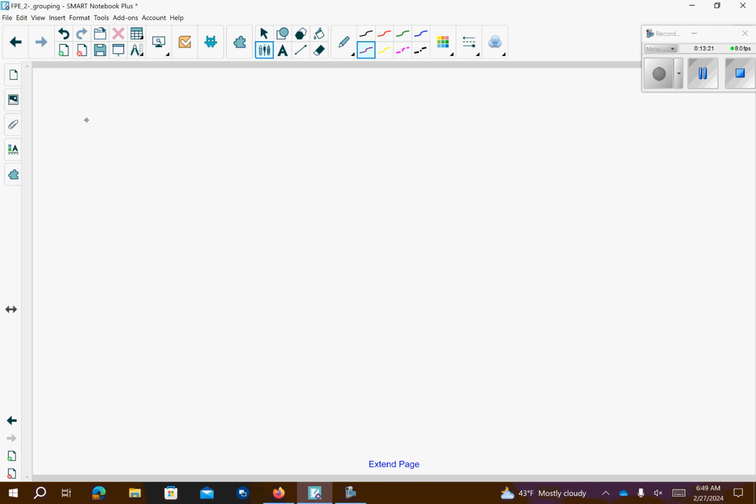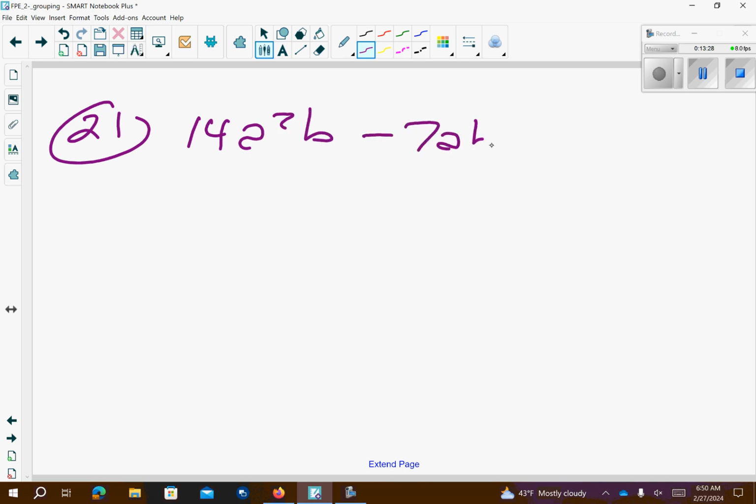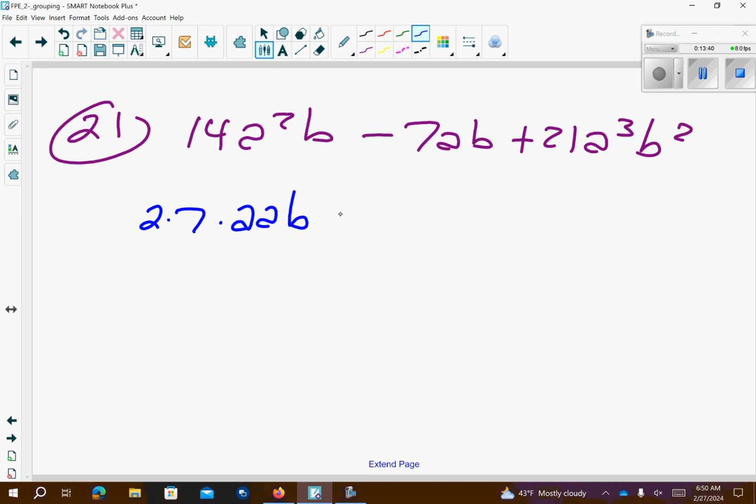Problem number 21. I have 14a squared b minus 7ab plus 21a to the third b to the second. 14 breaks down to 2 times 7. A squared is aa, b. Minus 7 doesn't break down, and then I have ab. 21 breaks down to 3 times 7.